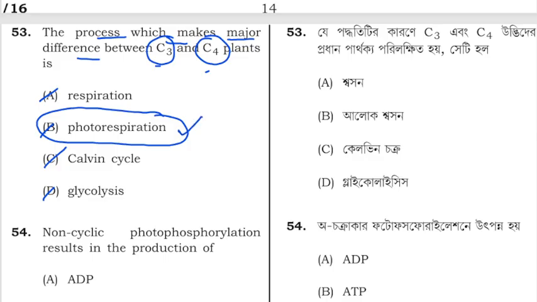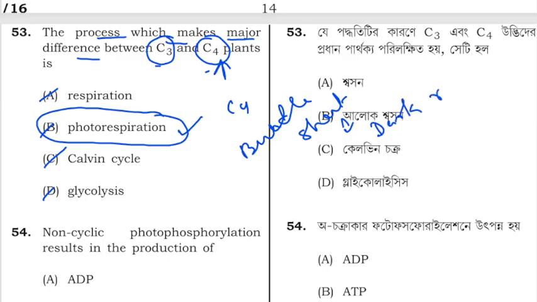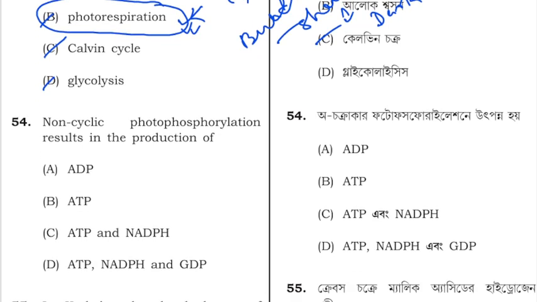Photorespiration is relatively absent in C4 due to the presence of the bundle sheath. The bundle sheath cell is the site of the dark reaction, which significantly reduces the tendency of photorespiration. So option B is correct.